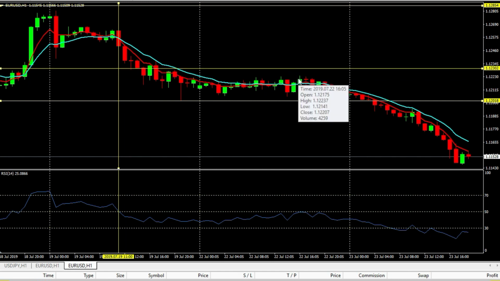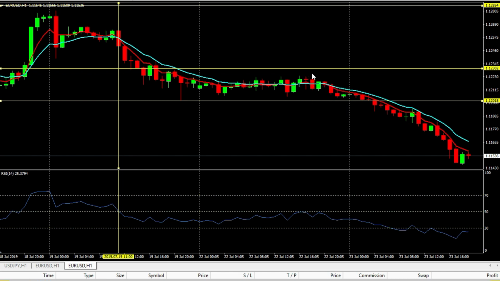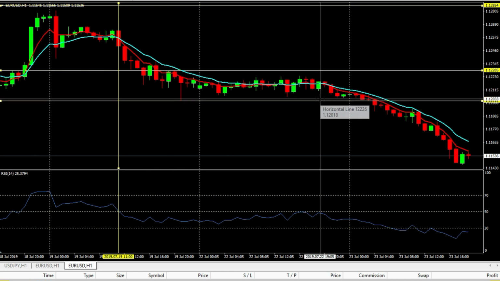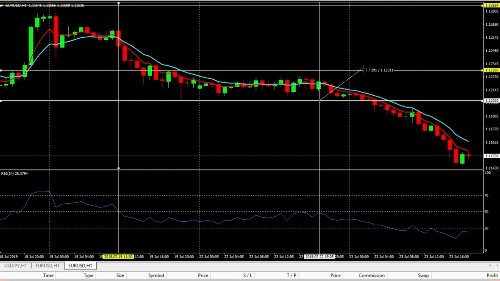The high was 1.2237, so it should be 1.2287. We are risking 26 pips, so we get our 26 pips here.